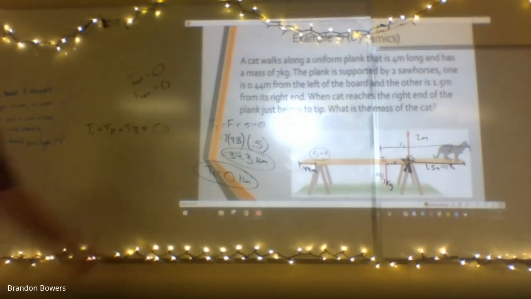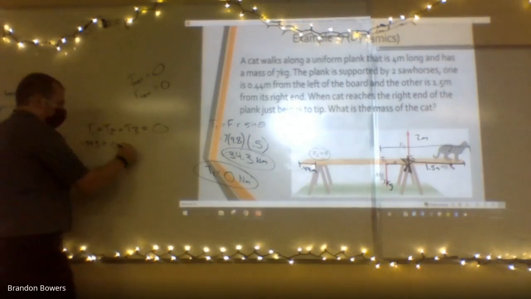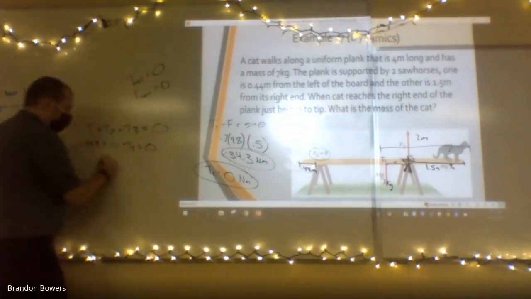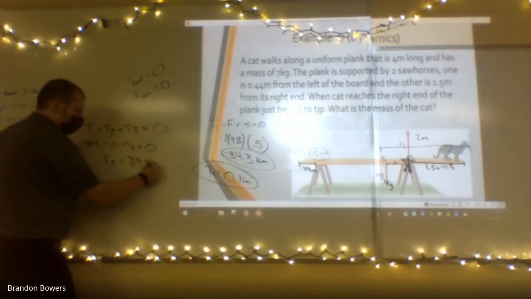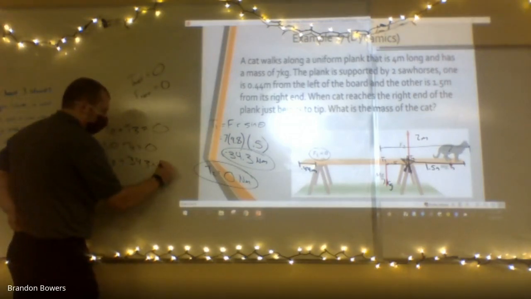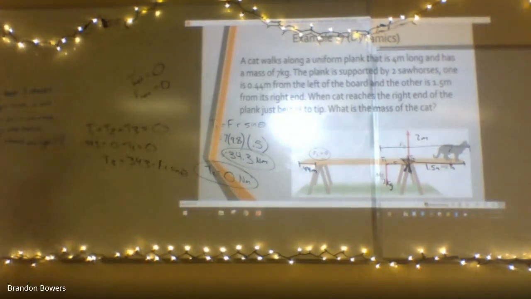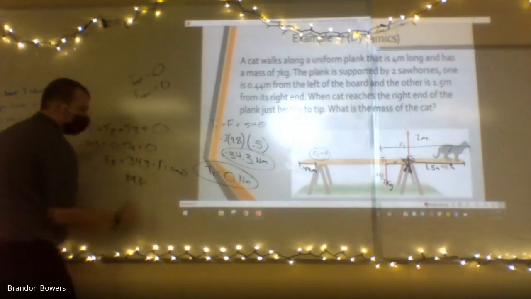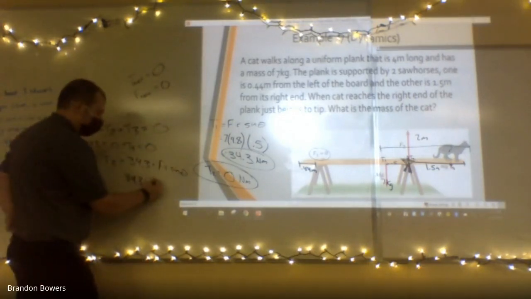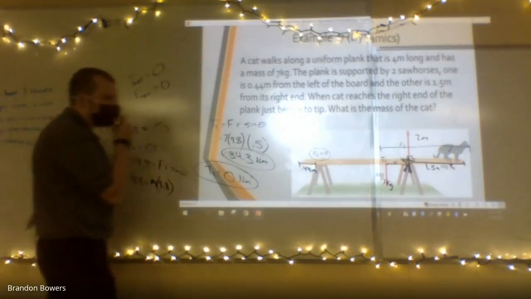All right. So if we look at torque 1, 34.3 plus 0 plus torque 3 equals 0. What's torque 3? Torque 3 is equal to the force times R sine theta. So 34.3 is equal to the mass times gravity of the cat times R. What's R going to be?